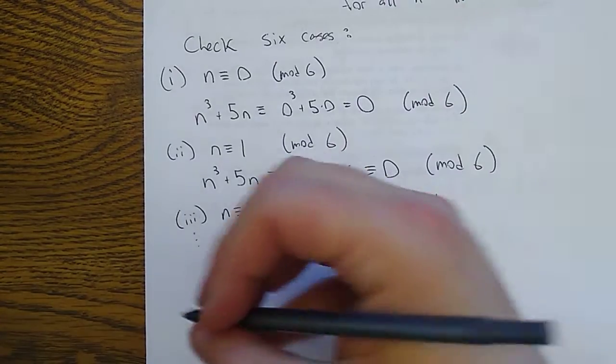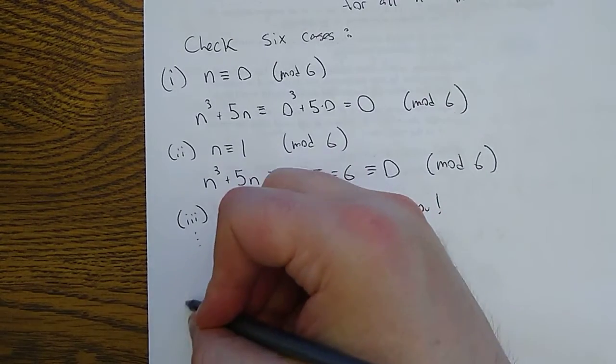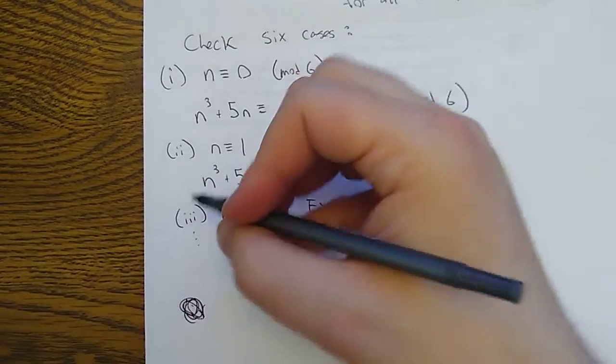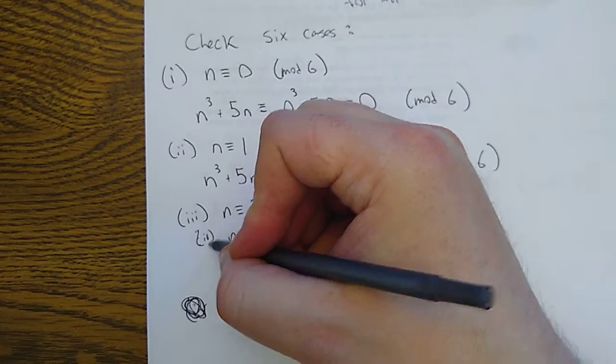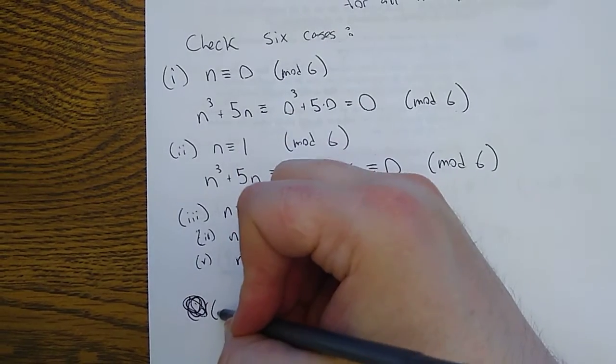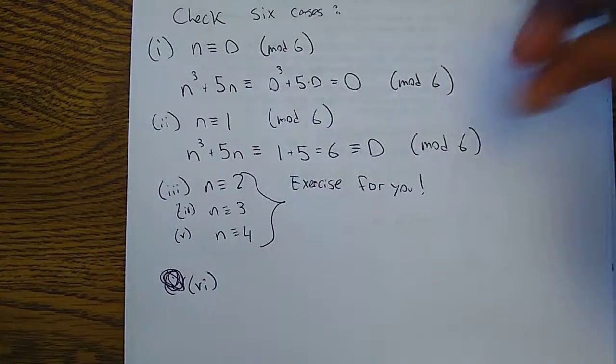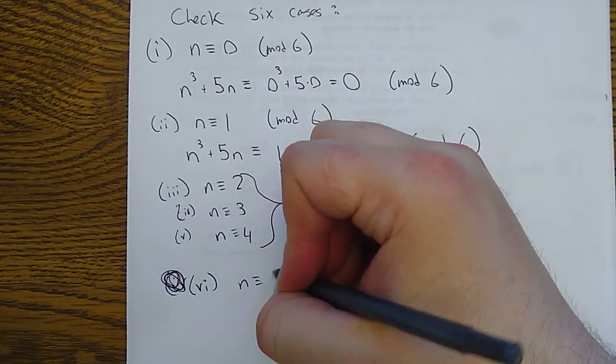And let me maybe jump to, oops, I guess this would be case 3, case 4, case 5. I'm forgetting my Roman numerals here. Case 6 is VI, and that would be n congruent to 5.